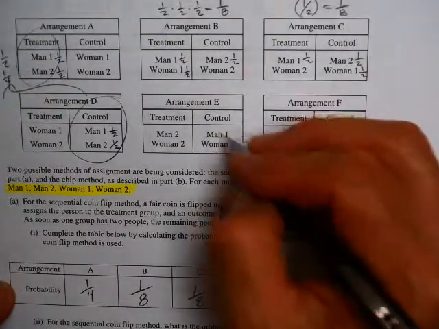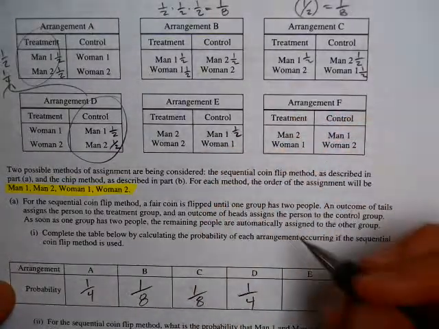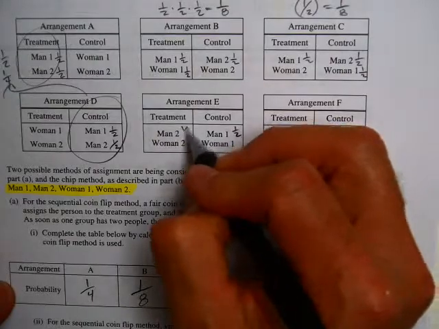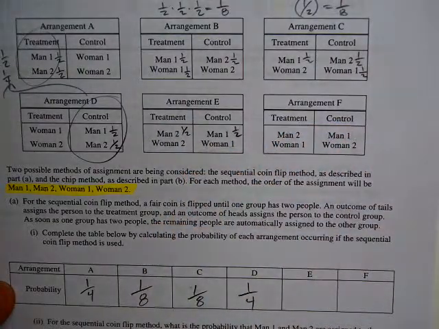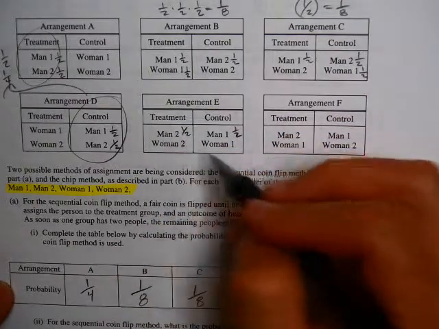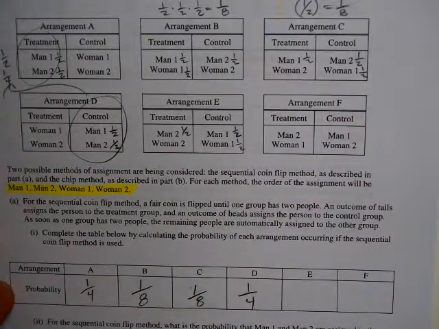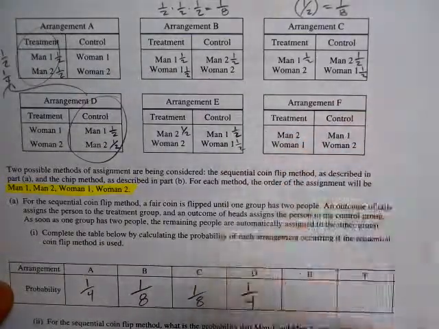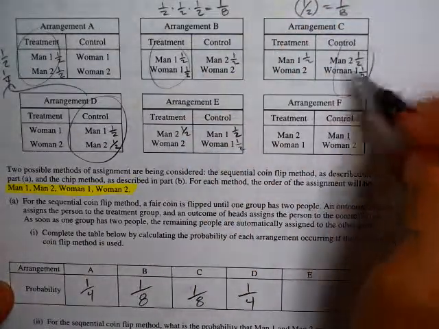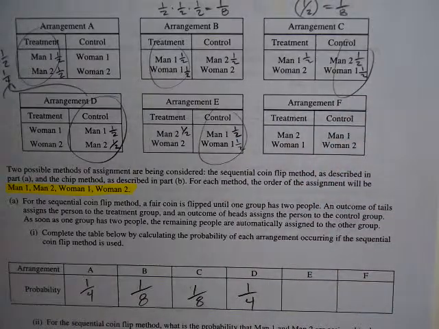And okay, man 1 flips. So 1 and 2. Man 2 flips, 1 and 2. The treatment group isn't filled, so woman 1 flips, and one of the groups is filled. So filled, filled. Once one of the groups is filled, we're done.